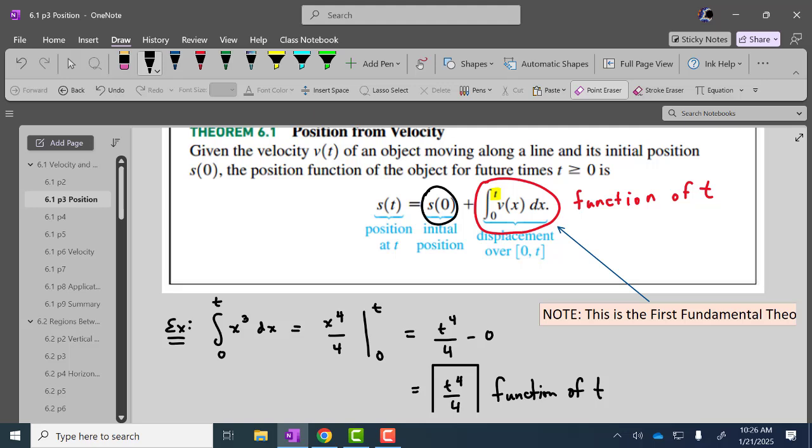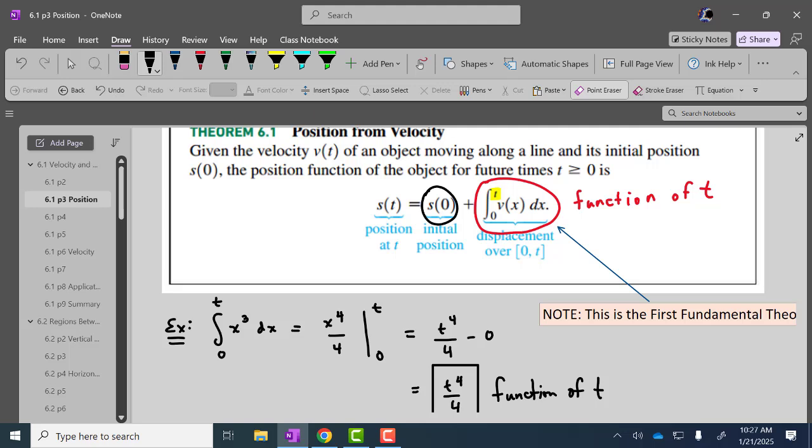The change here is going to be a function, though. So if we add the displacement, which in this case is variable displacement, depends on what t is, to the initial position, then we will figure out where we are at time t. So the position at time t will be where we start plus the change in position on this interval.